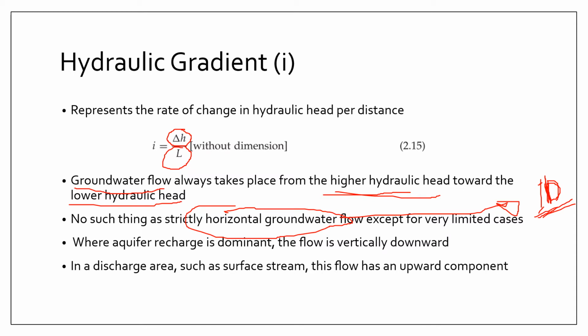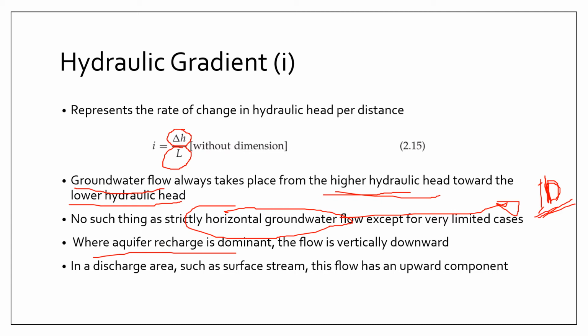Where aquifer recharge is dominant, the flow is vertically downward. So when you are talking about recharge areas in a watershed, most of the groundwater flow is going vertically.